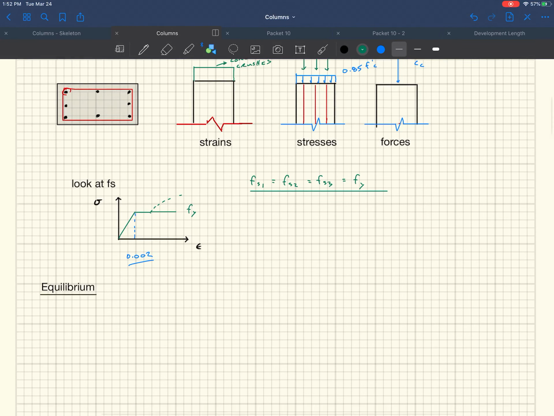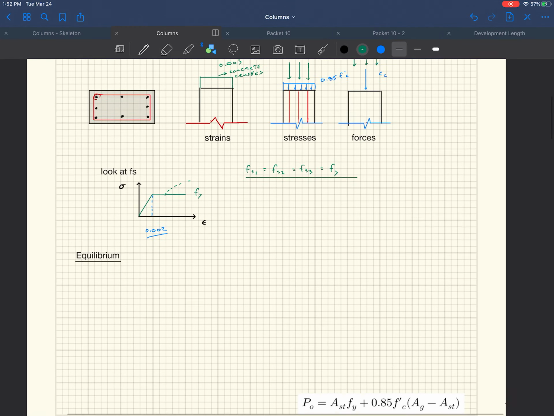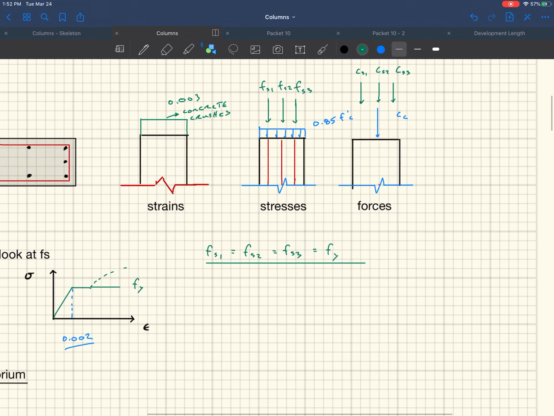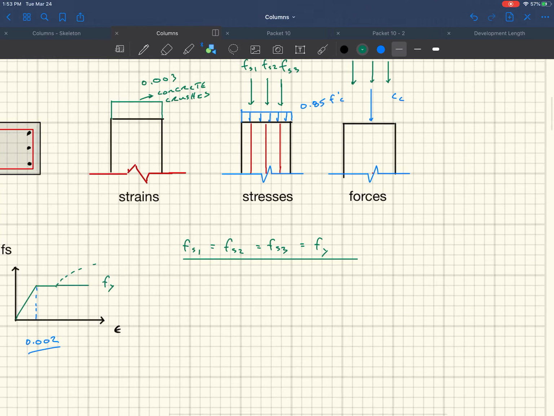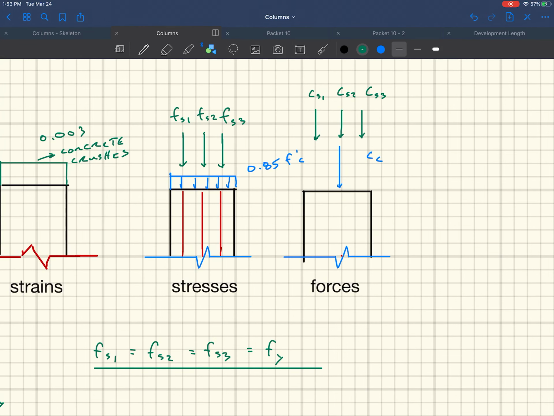Okay, so in our derivation of our equation, we then look at equilibrium, and we can plug in what each of these components are. Let me do that right here. This is C sub C. This is equal to 0.85 f'c times Ag minus the total area of steel, As.